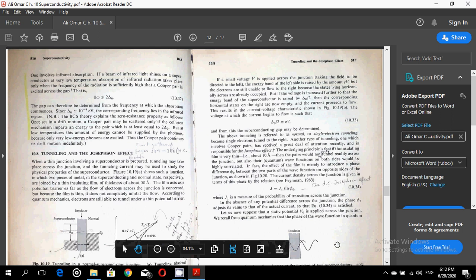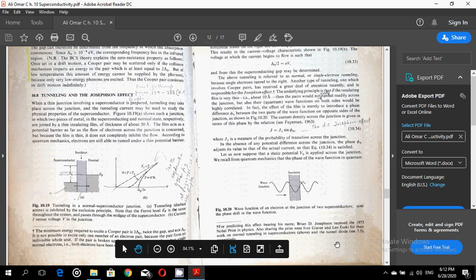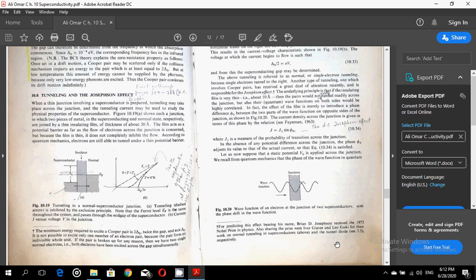Now this is figure 10.20, in which the Cooper pair tunnels through the insulator and introduces a phase difference equal to phi naught.